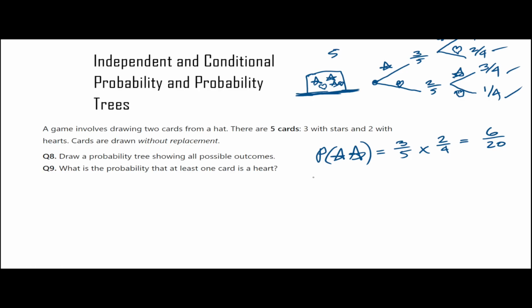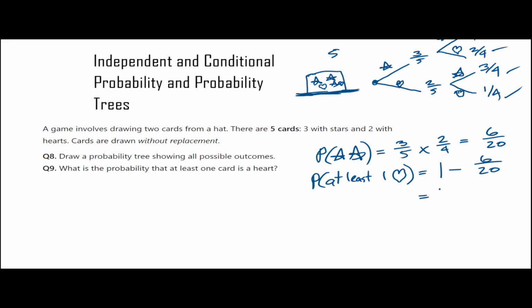So the probability of at least 1 heart is going to be equal to 1 minus 6/20, because they all have to add up to 1.